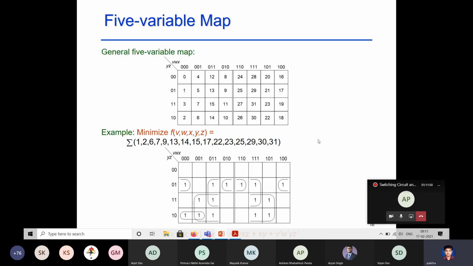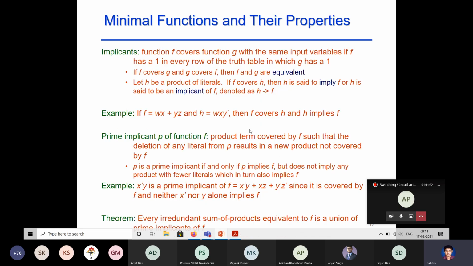Now let us go to another discussion which will be required for our next algorithm. Let me try to write down.